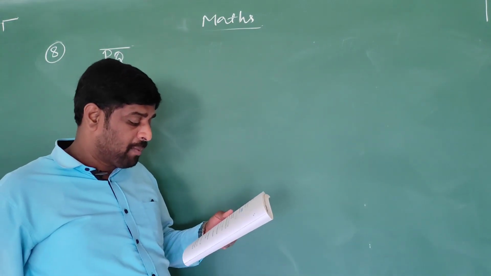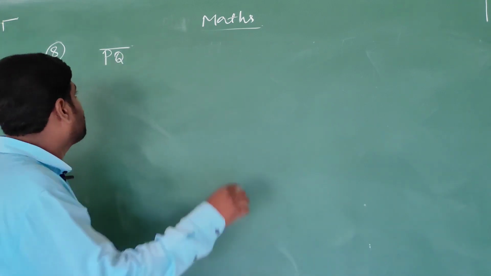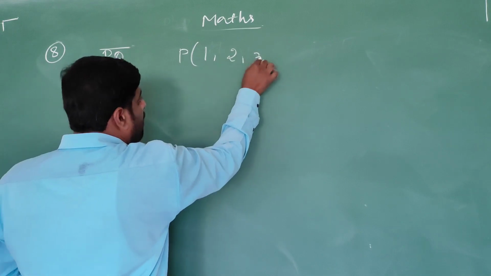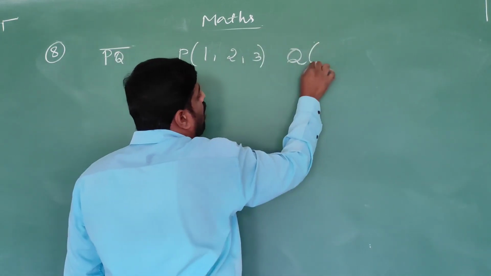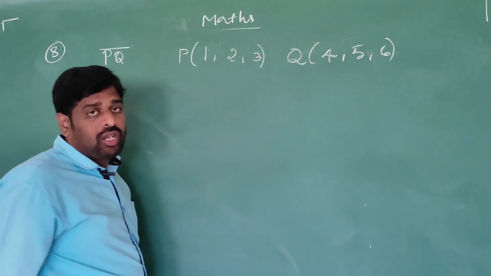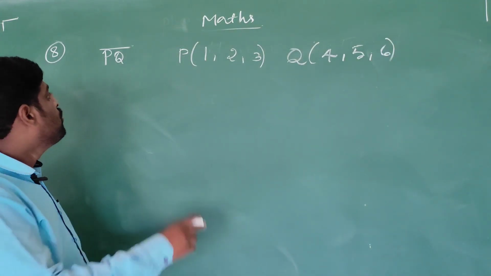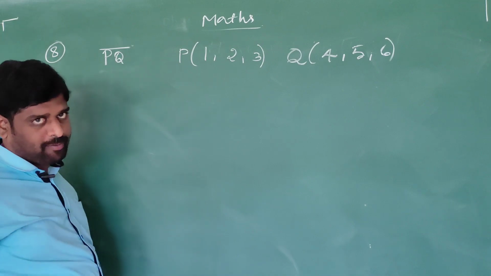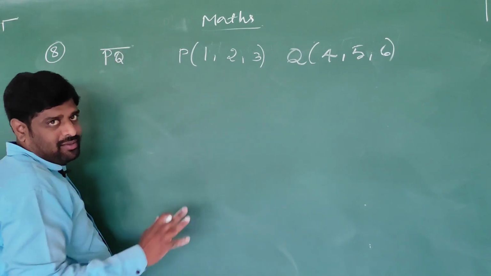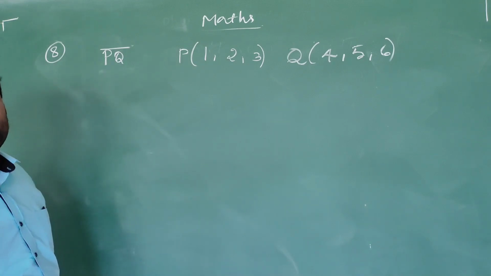Where the points P and Q are given: P of 1 comma 2 comma 3, Q of 4 comma 5 comma 6. Now I want to find the unit vector for PQ bar. First I have to find PQ bar and then the unit vector for PQ bar.